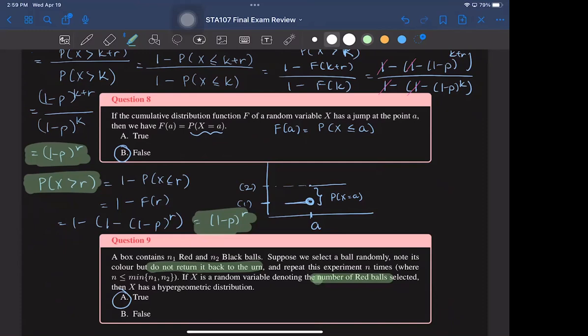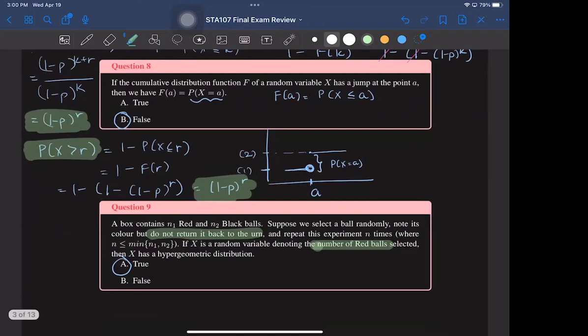Any question about this one? Give me some emoji if you think that it makes sense. Okay, thank you. So question 9 is true.